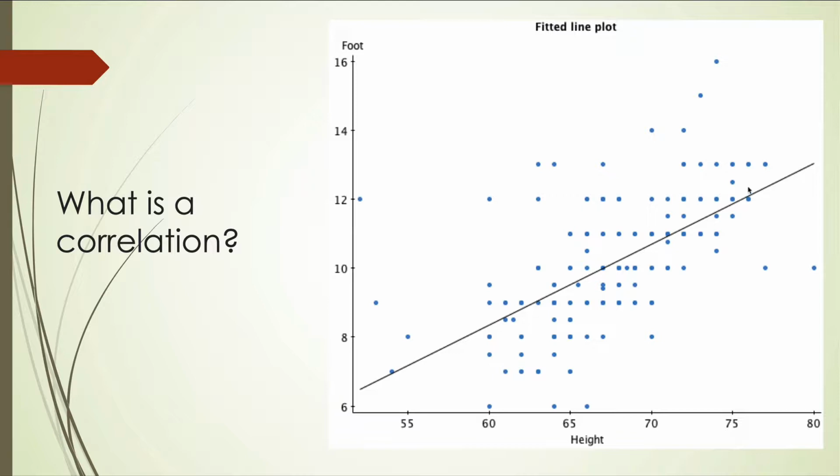But we do generally see that if you are taller, you also tend to have a bigger foot and vice versa. It doesn't mean that your foot size caused your height to be taller or vice versa. It just says that they're related. So to some extent, foot size can predict height. Now, that's what we're going to be focusing on in this presentation. I want to look at this concept of correlations between variables.